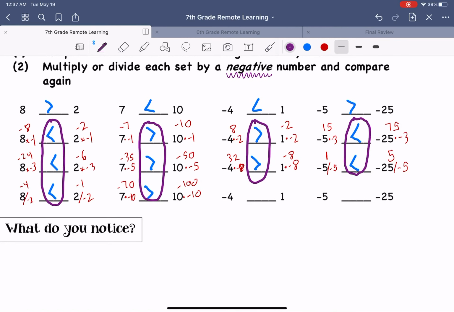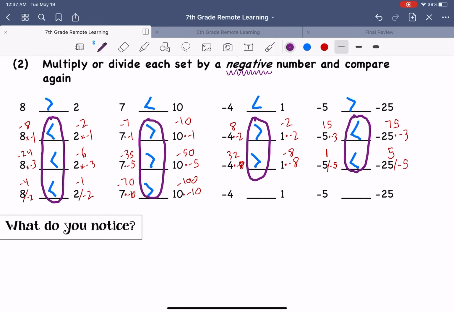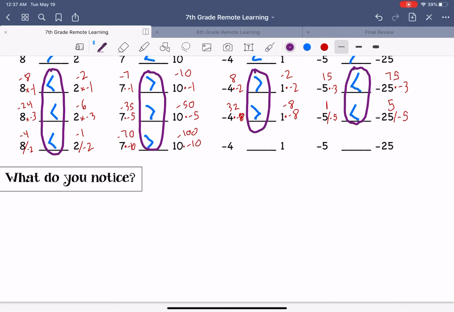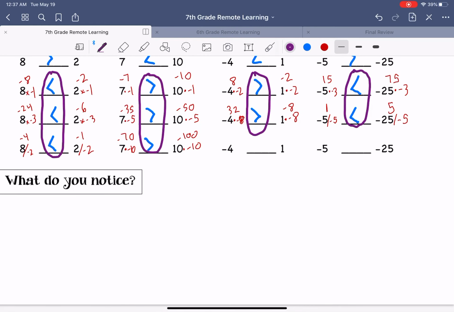Well, it looks like our pattern is that when we multiply or divide by a negative number, our inequality flips. It doesn't stay the same anymore. So let's write that down.